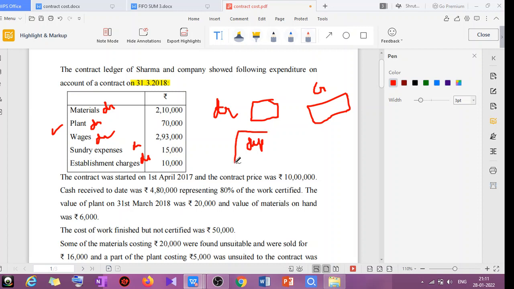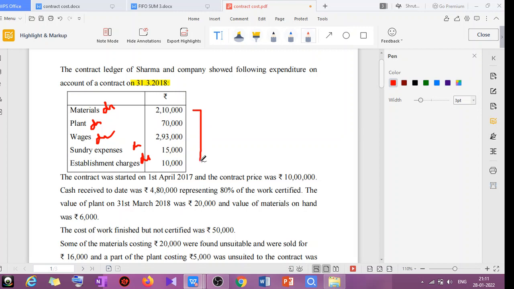Instead of writing depreciation, write opening balance, that is plant cost, in the debit side, and at the end of the year plant at site will be in the credit side. Got it? So that's why plant we have to write under debit side. I hope it is clear to you. So in the debit side of the contract account, mention the expenses.